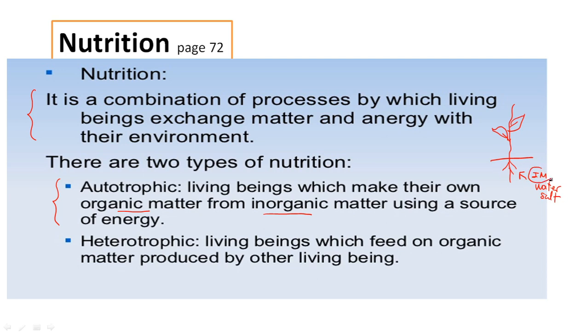They take this inorganic matter and they have to transform it into organic matter, which are basically sugar and other organic substances like lipids, carbohydrates, and proteins. To do that they need a source of energy, and plants use sunlight to produce this transformation.